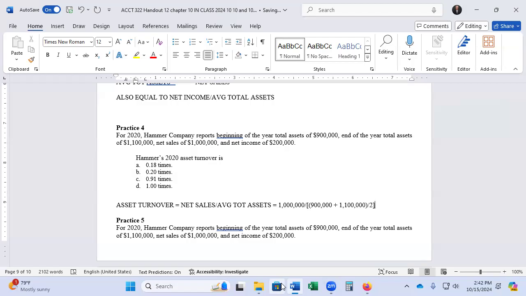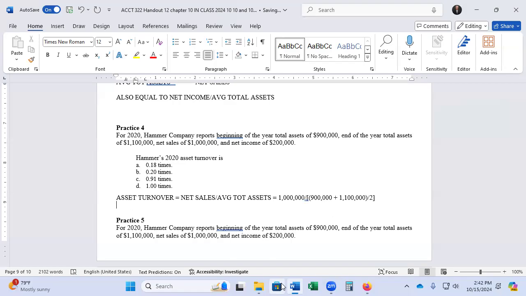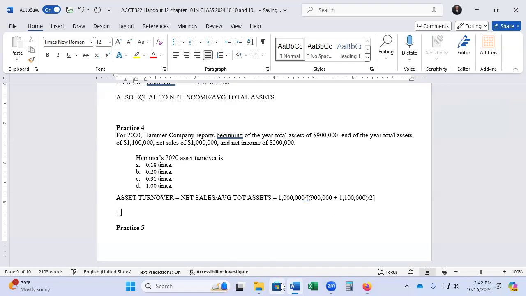And so you end up with 1 million divided by 1 million. Anything divided by itself is, of course, 1. So the answer is D, 1.0 times.